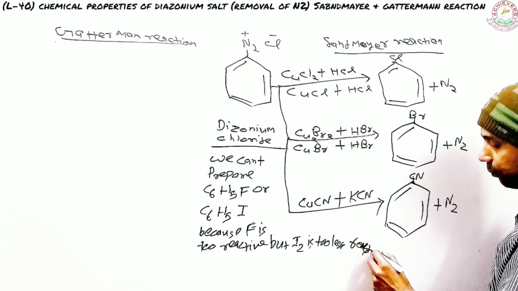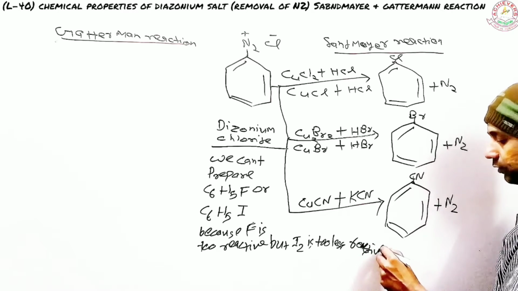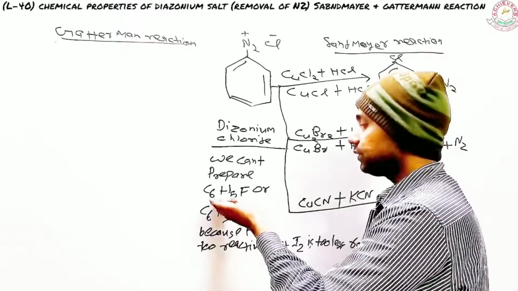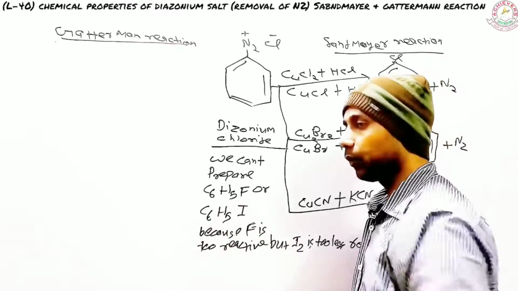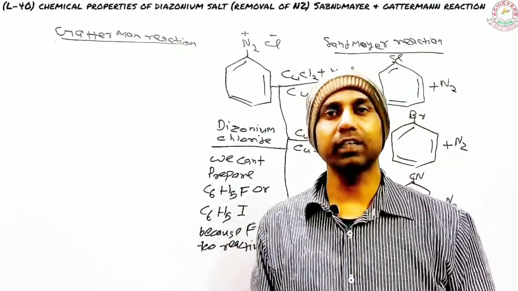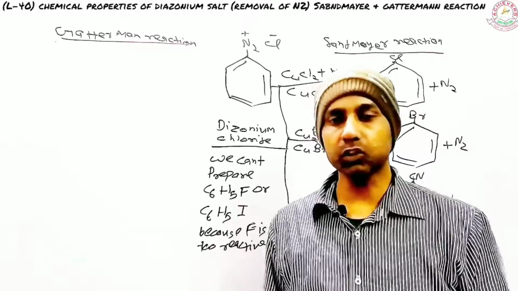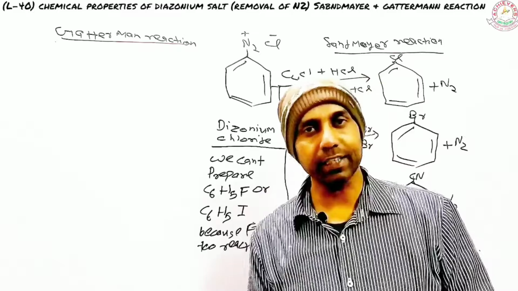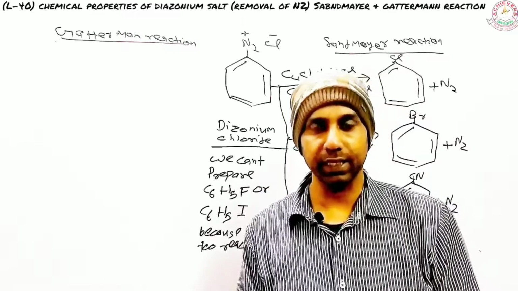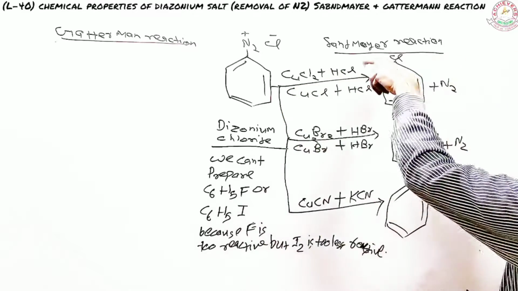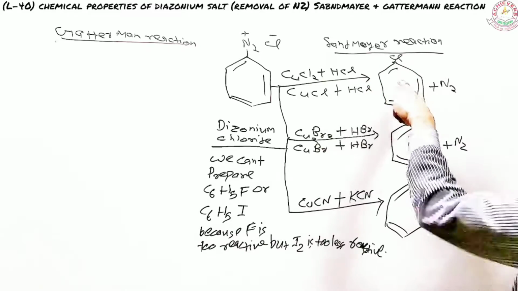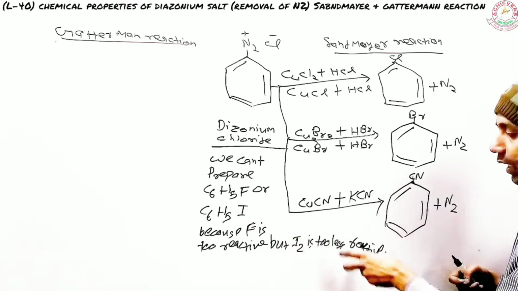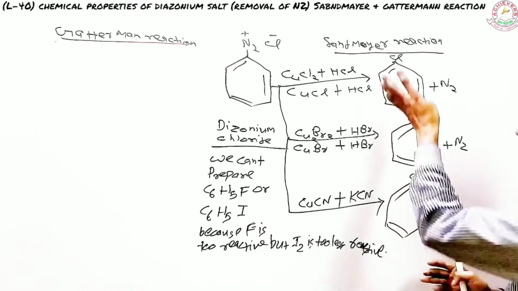So I've made it clear that we cannot prepare fluorobenzene or iodobenzene, because fluorine is very reactive and too difficult to control, while iodine is very, very lazy, very less reactive, so it becomes difficult to continue the reaction. By doing the Sandmeyer reaction, we can produce chlorobenzene, bromobenzene or cyanobenzene, but not fluorobenzene or iodobenzene.